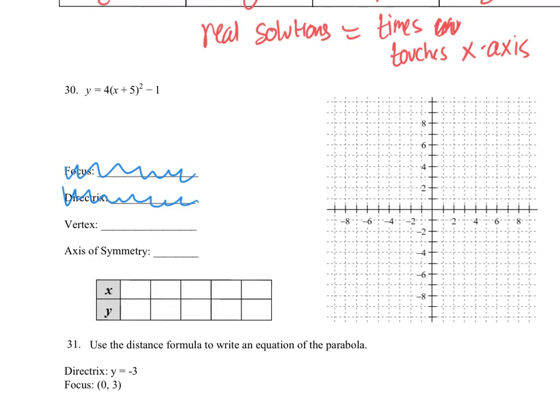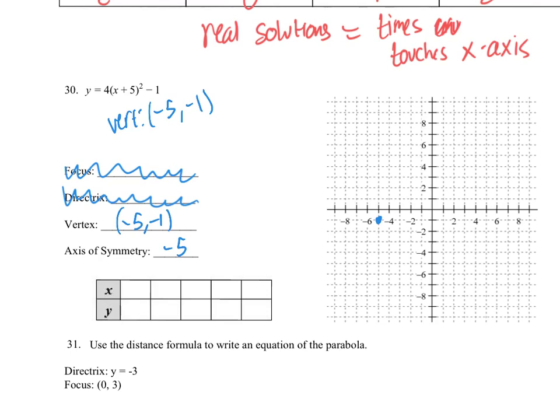But really all you're doing here, guys, is graphing. So remember, this is vertex form. Vertex is going to be -5, -1, right there. Then your axis of symmetry is at -5, right? It's always the x value of your vertex. They're just plugging things in around it.